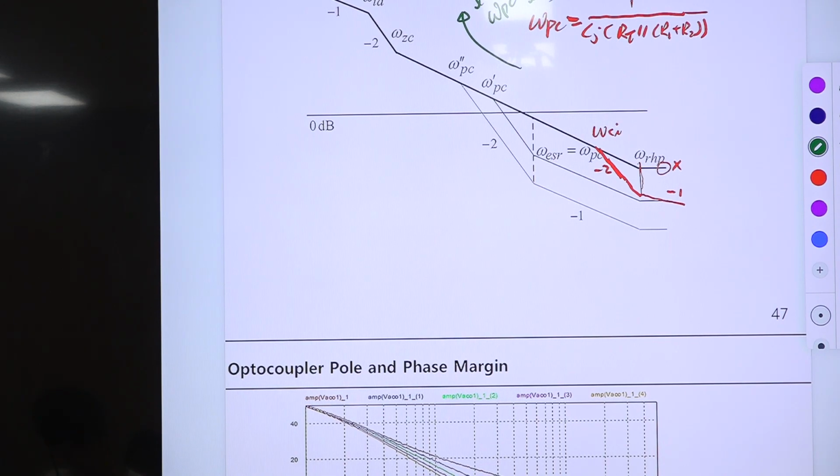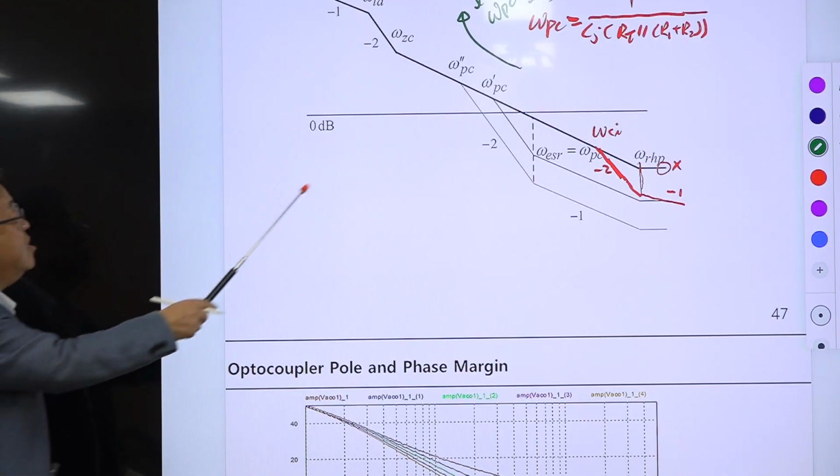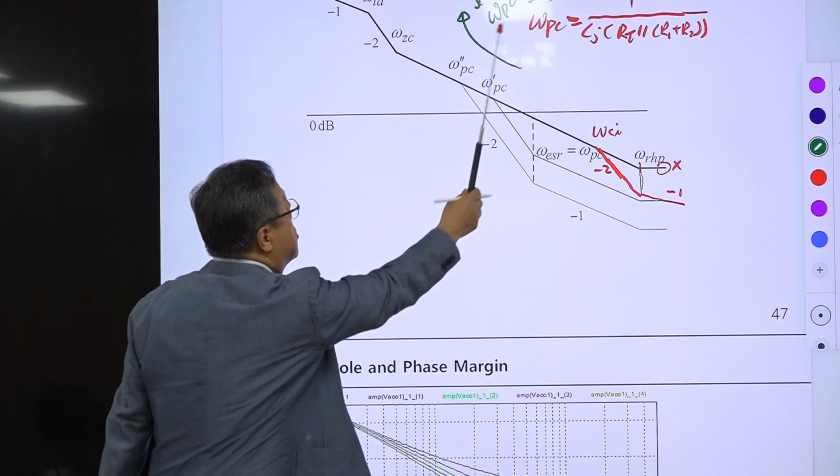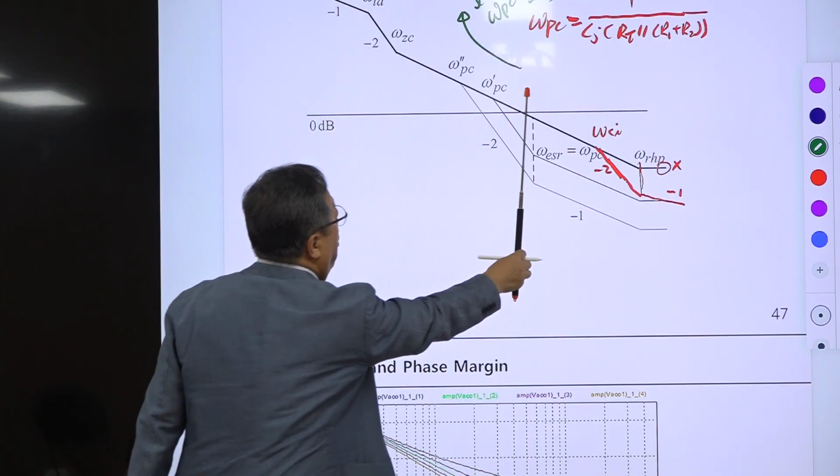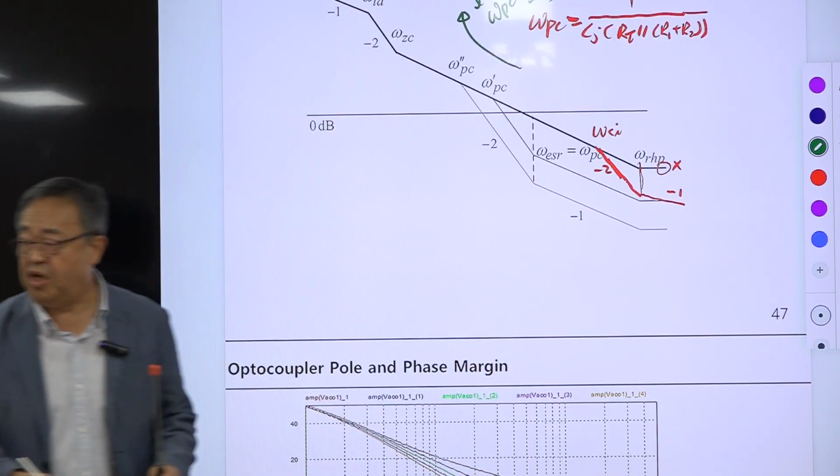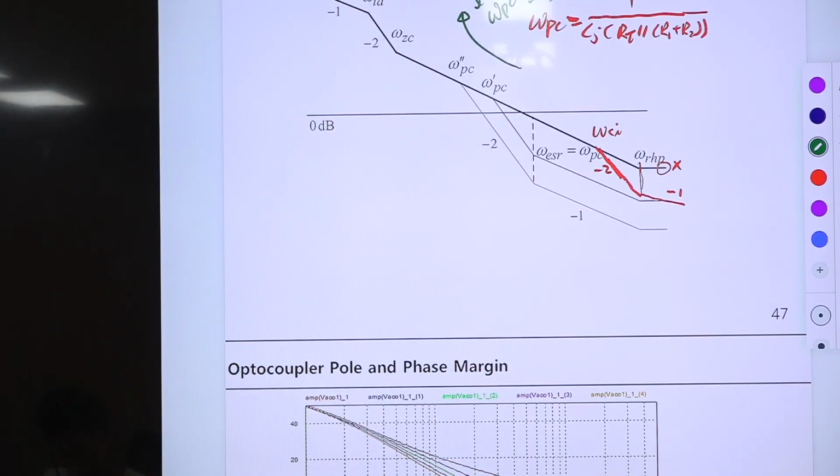Okay? You understand this? If you increase Cj, omega PC will be reduced. Originally omega PC was here. So this is the original design. And somehow, for some unknown reason, you increase Cj, then it will be this one.